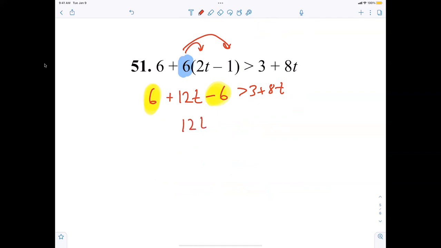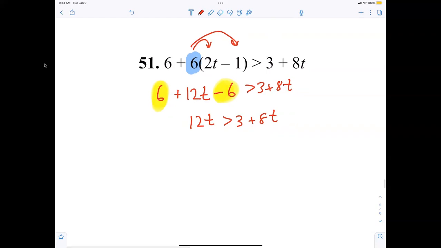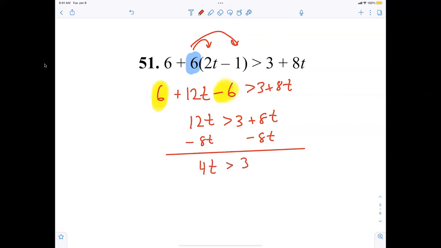That was very good. 12T is greater than 3 plus 8T. Now what? You can subtract 8T over. Good, and you get 4T is greater than 3.